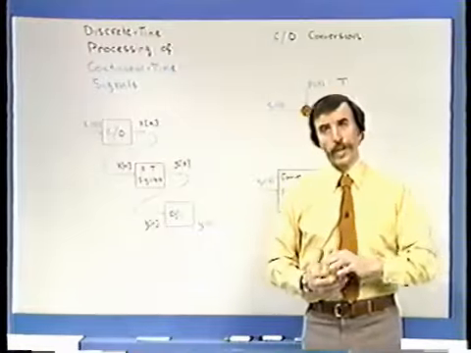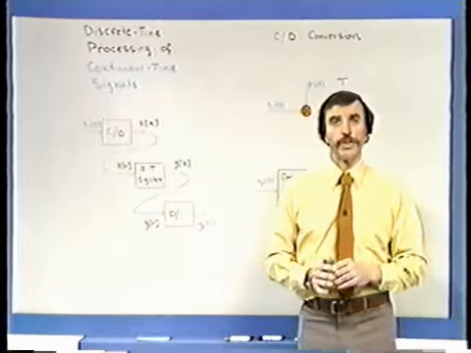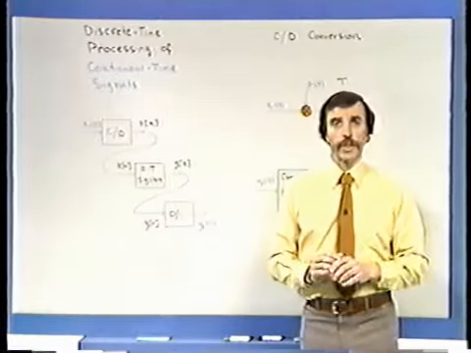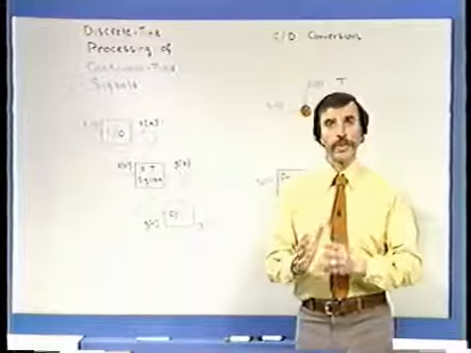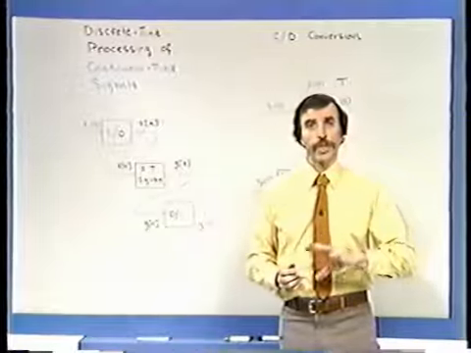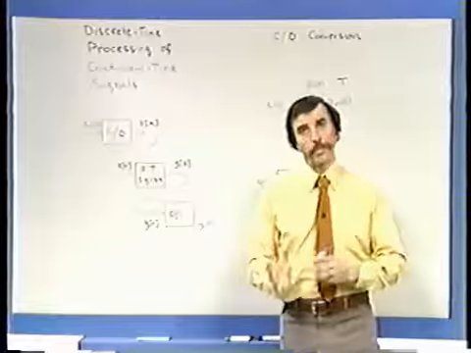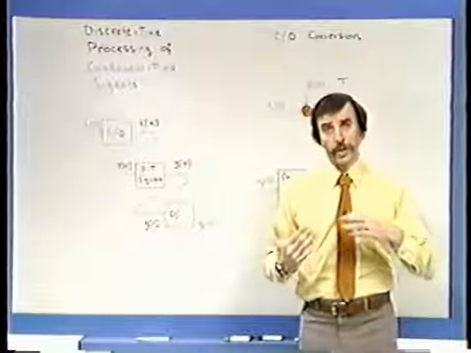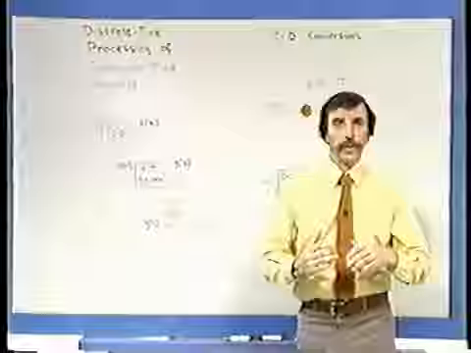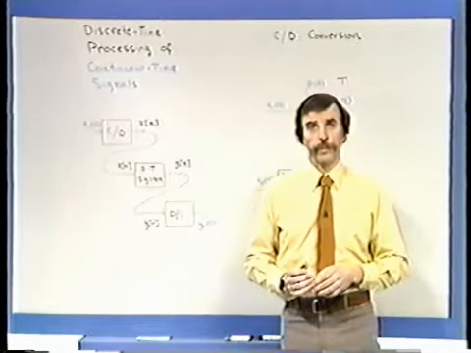Now, it's important to emphasize that it's not exactly what an analog to digital converter does, but in some sense at least, you should think of this mapping from continuous time to discrete time in very much the same way that one would think of an analog to digital converter. And the mapping back then corresponds in some sense to what would happen with a digital to analog converter.